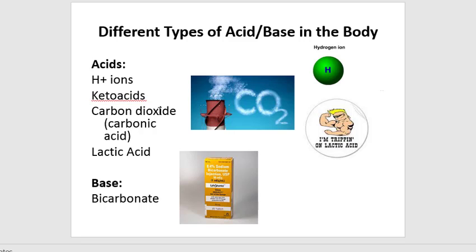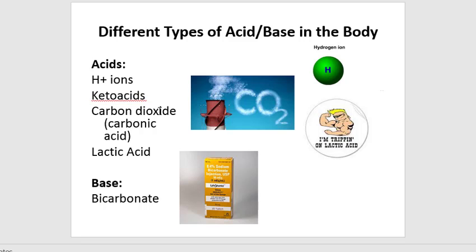When it breaks down fat, a fatty acid gets left. That fatty acid turns into a ketone body, which is an acid or a ketoacid. Get too many of those in your body, you get ketoacidosis. Carbon dioxide is a carbonic acid. We breathe that out. And then we have lactic acid.